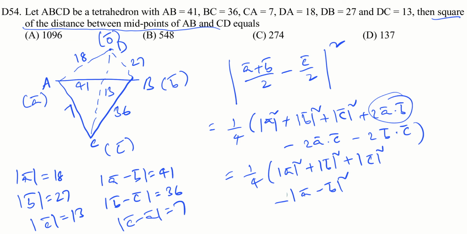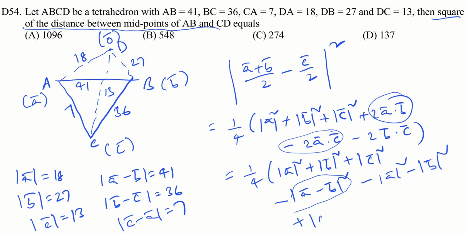Now if I expand this part, that will balance with 2 times A bar dot B bar, but I'll have extra A bar square and B bar square added. So to balance that I have to subtract an A bar square and a B bar square. Similarly, for this part of minus 2 A bar dot C bar, I'll make it plus mod of C bar minus A bar whole square.